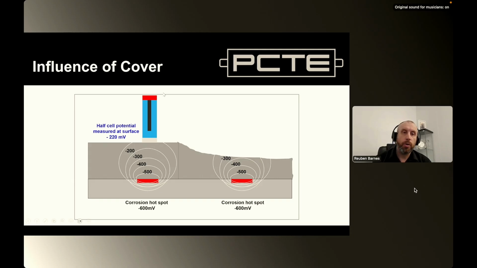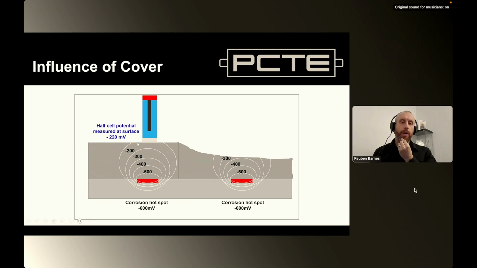Now, you'll note when we do the reading, our half cell is not touching the steel. It's effectively separated from the steel by the concrete between the steel and the reference electrode. And so what we find is that the reading that we get on our voltmeter is actually the potential difference at the surface, dependent on these potential lines coming out from our anodic area.